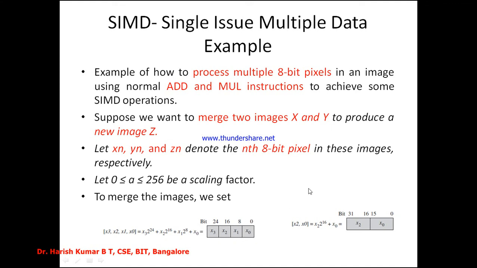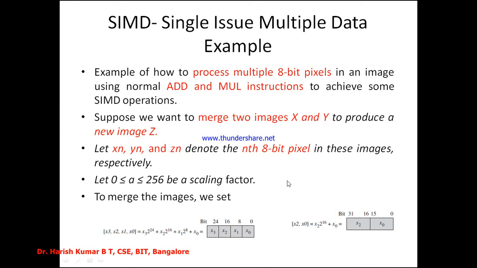So by storing 4 bytes, this is 1 pixel, another pixel, third pixel, fourth. I'm handling 4 pixels simultaneously by using one register.